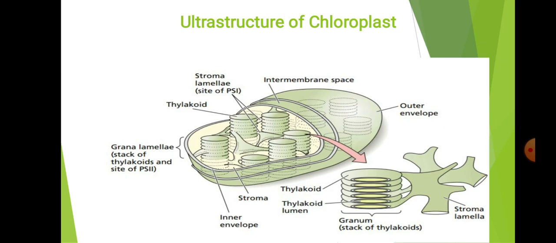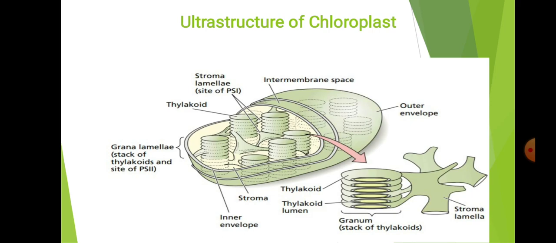Now to understand how photosynthesis takes place and what kind of proteins are involved in photosynthesis, we must know about the structure of chloroplast. If we study the ultrastructure of chloroplast, then we know that the chloroplast is a bilayer membrane cell organelle which is generally found in plants.